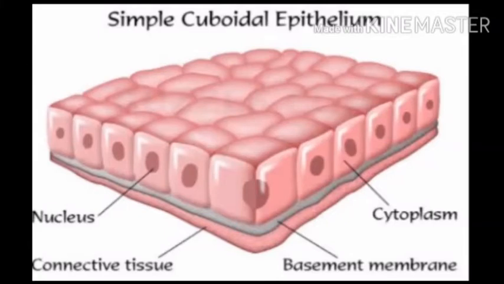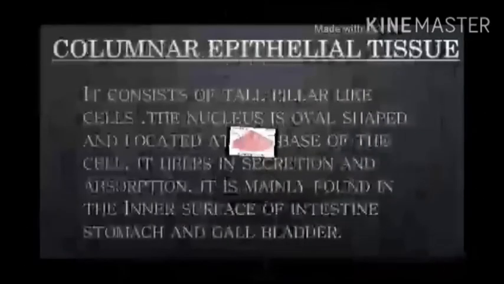The black dots here and there are nuclei, and what is combining them is called connective tissue. There is also cytoplasm found around the nucleus. Cytoplasm is a jelly-like substance present around the nucleus.